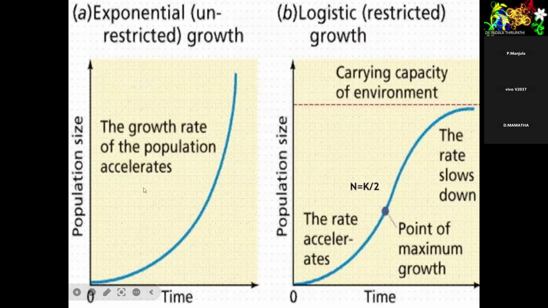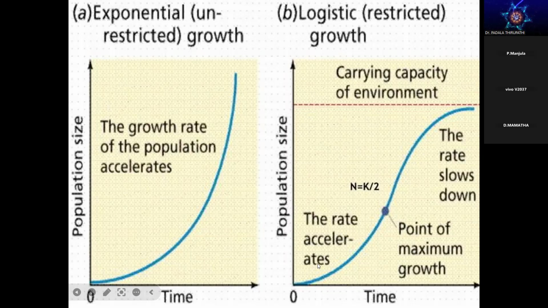When we take the graph representing time and population size, in the J-shaped curve the growth rate of the population increases, and it is unrestricted growth. Whereas in the restricted growth curve, that is the logistic growth curve, it increases at the start but later decreases.